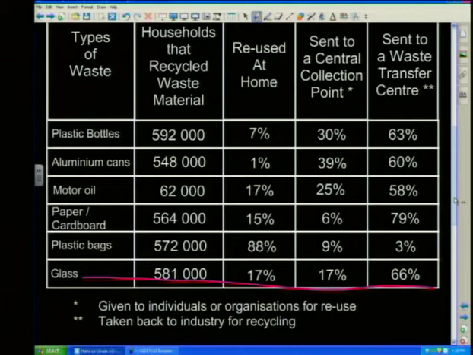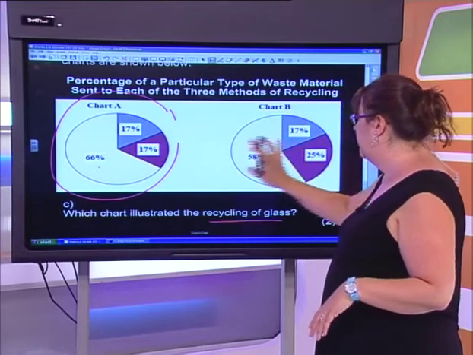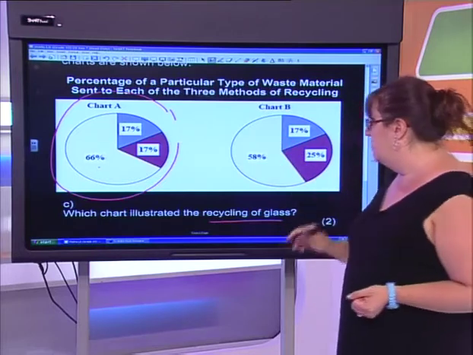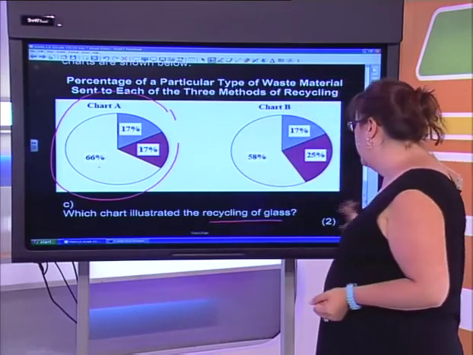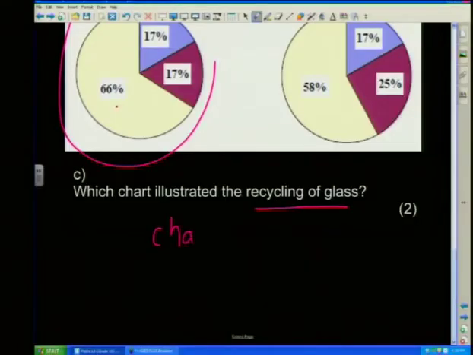I'm looking for 17, 17, and 66. So clearly it must be chart A. And this must be reused at home, sent to the one, and sent to the other. Does that make sense? This does not fit in. We've got our 17, but that's the only one that's the same. So the chart that illustrated the recycling of glass was chart A.